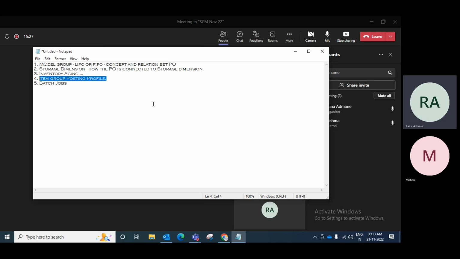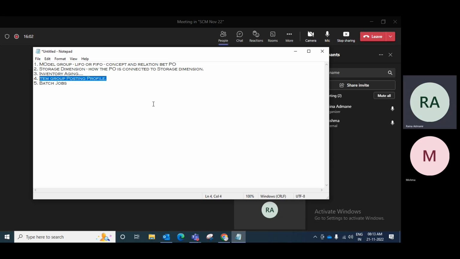Mostly it has to be done yearly. Once you decide that your inventory will be LIFO, it will always be LIFO till you tell the statutory body that we are changing the model group, because it will change your costing entirely. So whenever you decide to maintain one model group, you have to keep that model group forever.